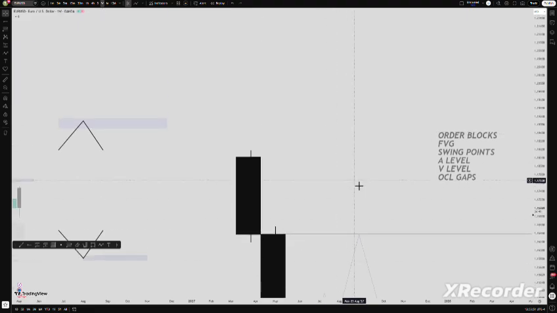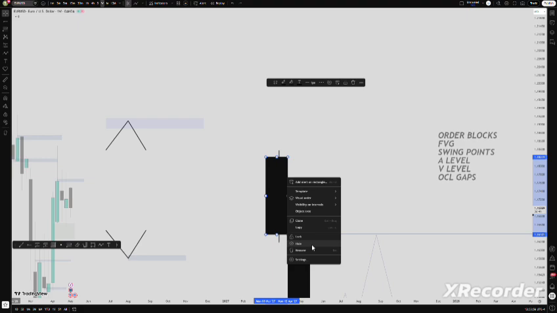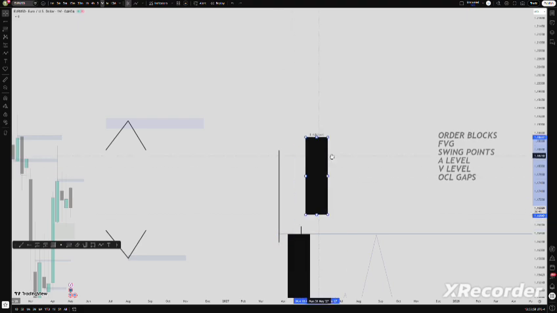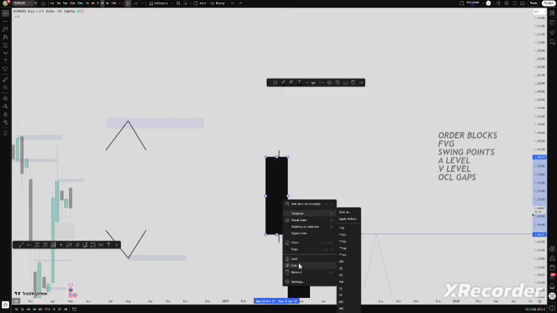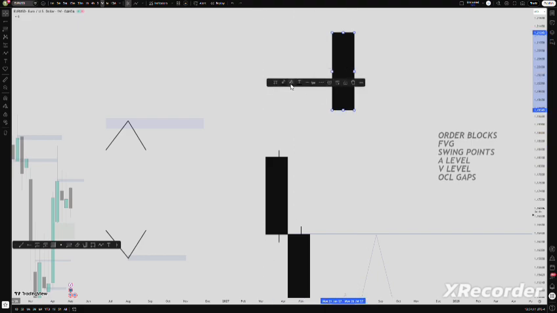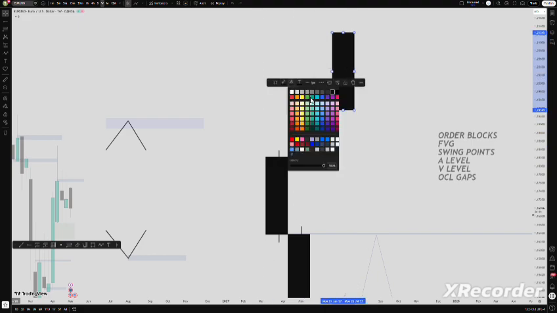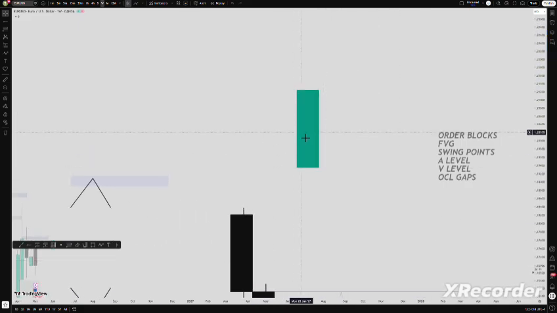I'll show you examples in the chart. Now imagine this was a bullish candle, and we have another bullish candle followed by expansion.